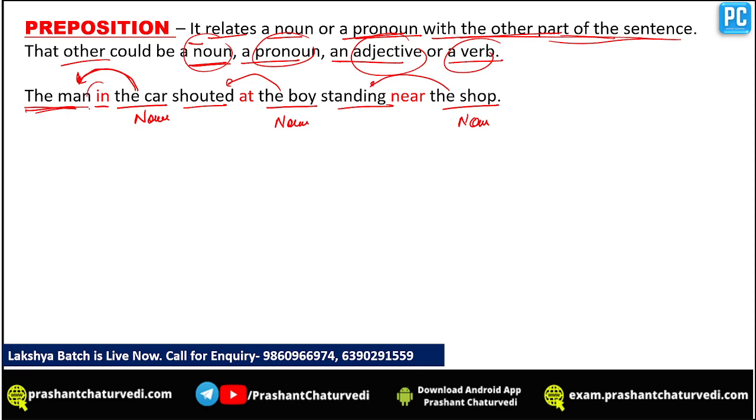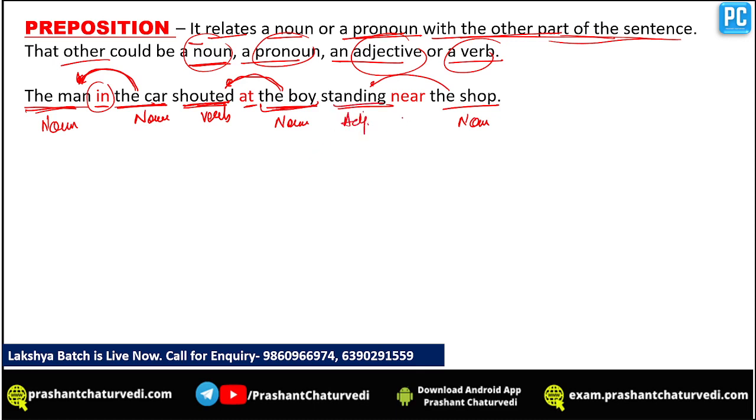So a preposition always relates a noun or a pronoun with the other part. That other part could be a noun or a pronoun. That other part could be a verb, like here, shouted at the boy. Shouted is a verb here, and the boy is a noun. So this noun is related with shouted after using this preposition at. Clear? Here standing is an adjective. This is not a verb.